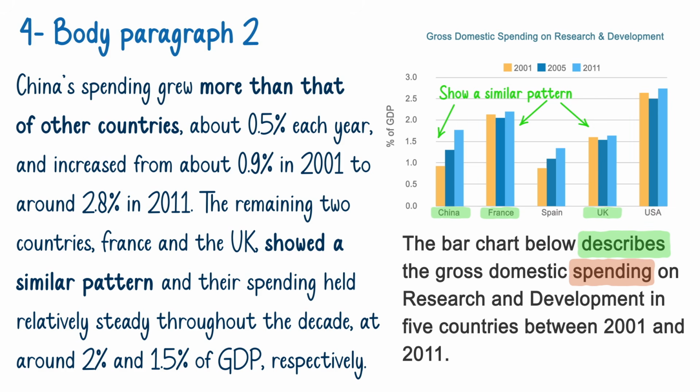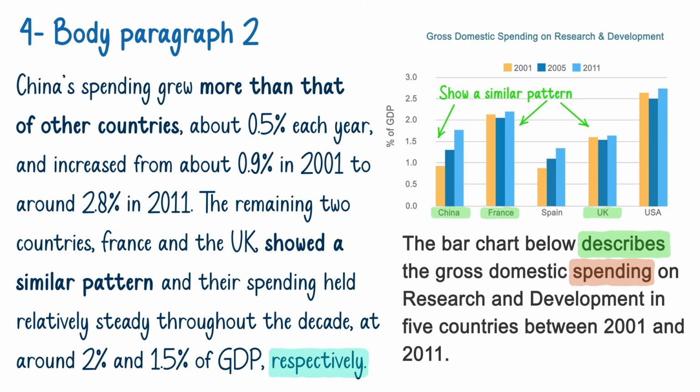When you want to say this 2% refers to France and 1.5% refers to the UK, you can write the adverb "respectively". Here for France and the UK, I did not write anything about the beginning and ending because that is not that necessary. You should just write about the overall spending of the 2 countries here. The overall spending for France was around 2% and for the UK was around 1.5%.